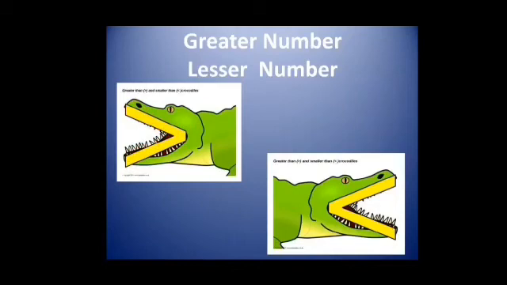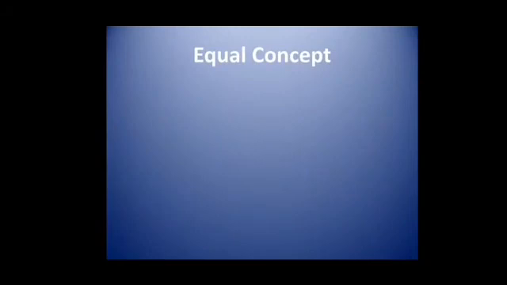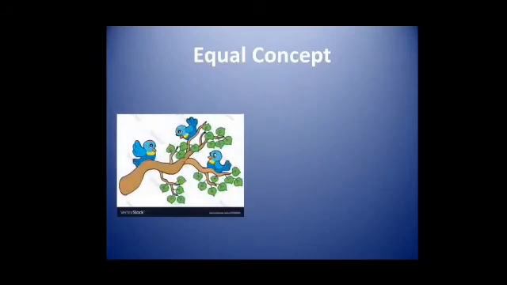Children, now let's discuss the equal concept. Equal means same. When you compare two groups, the quantity or the numbers should be same in both the groups. Shall we see one example for equal concept, children? What is there in the first picture?